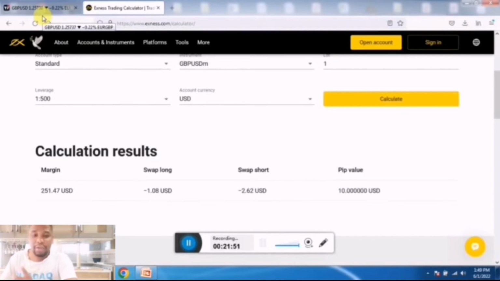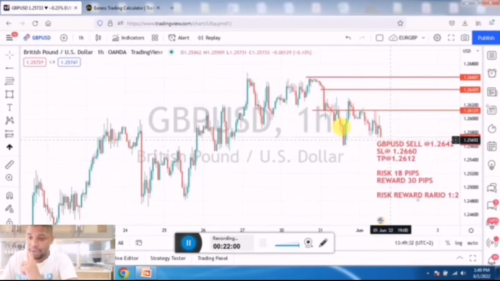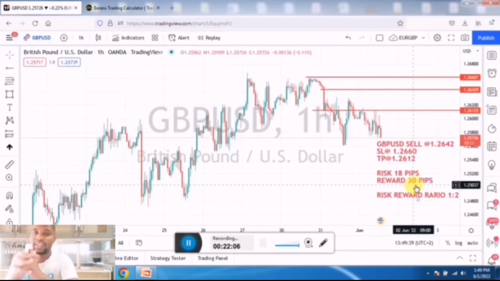So if this trade went against you, in your account you would have lost $180. But if this trade went in your direction, you could have made $300, which is 10 times 30. You could have made a killing on this trade.